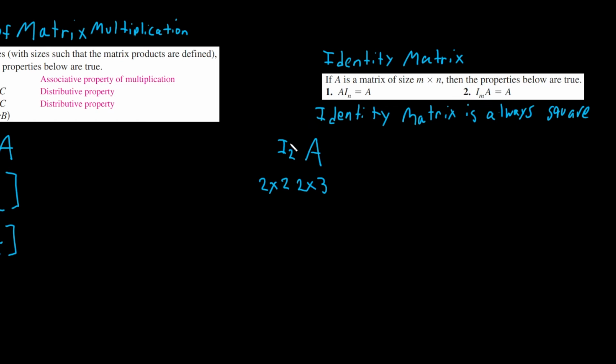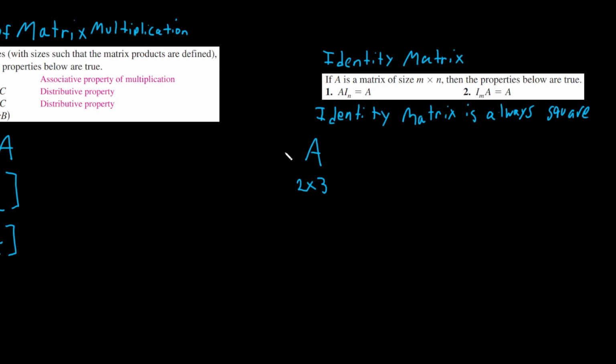So we say I sub 2. Remember, I changes according to the matrix we're multiplying it with and the side of the matrix that we're multiplying with. That's the only way matrix multiplication can be defined. So just like we had with the zero matrix, we have with the identity matrix an infinite number of identity matrices.